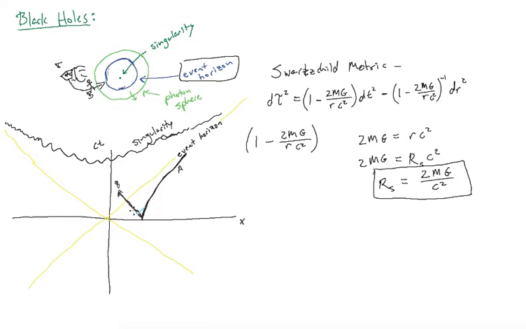The second one he's going to send out is going to come along, and it's going to take a little longer to get to us. So he looks like he's slowing down a little bit to us, because up here, again, we're stationary. We don't notice anything. We think he's the one falling in. We think we're stationary. And then he's going to send us another signal, and it's going to take even longer to get out to us. And then it's going to take even longer to get out to us.